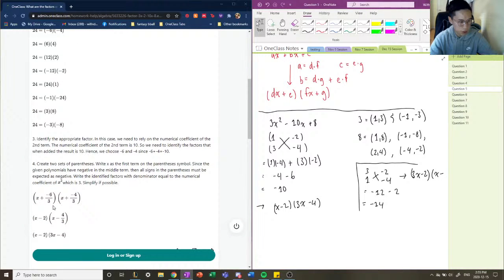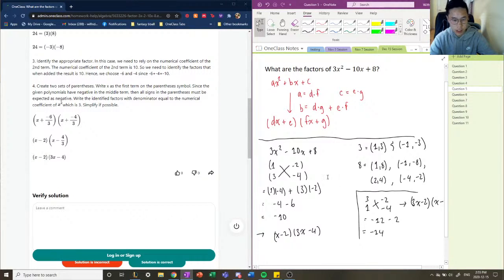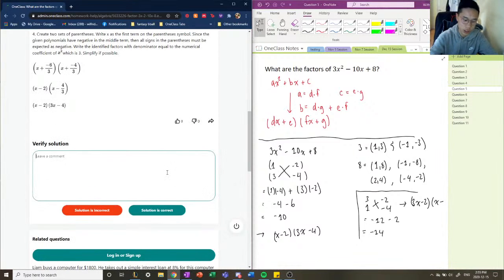And then by doing so, they were able to plug it into these parentheses and simplify for themselves. But I prefer my method better because it's a lot more simplistic. And after a lot of practice, you get used to it and you can just do it mentally. So the solution is correct.